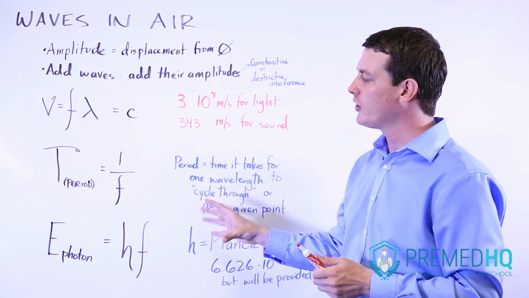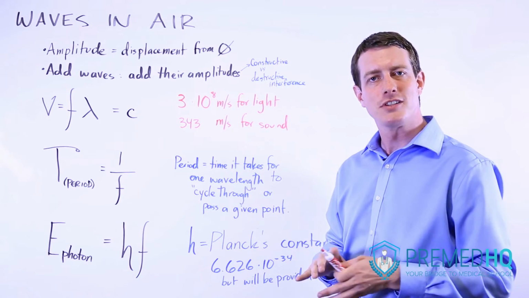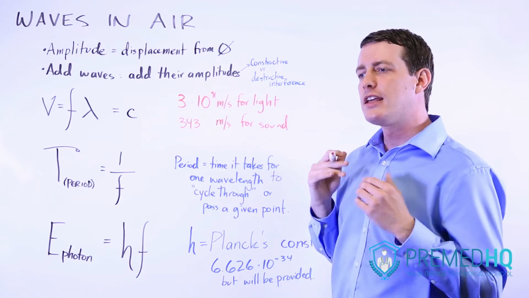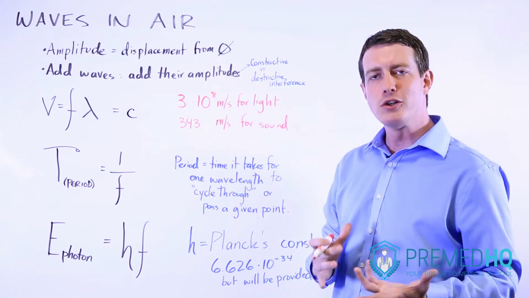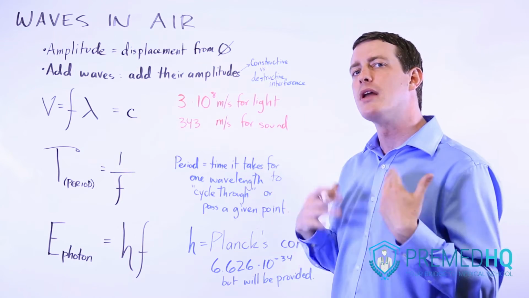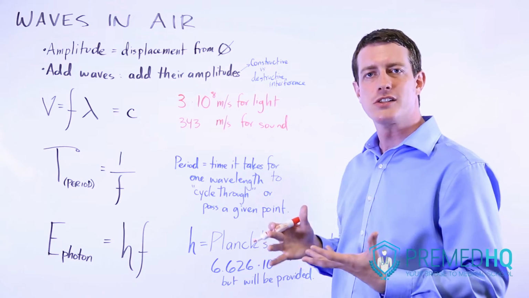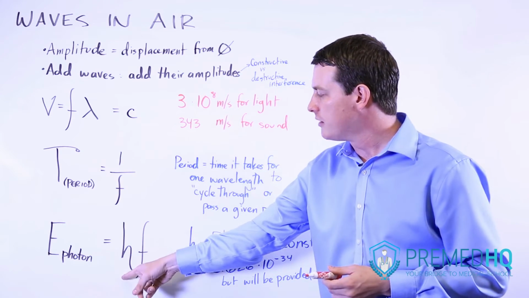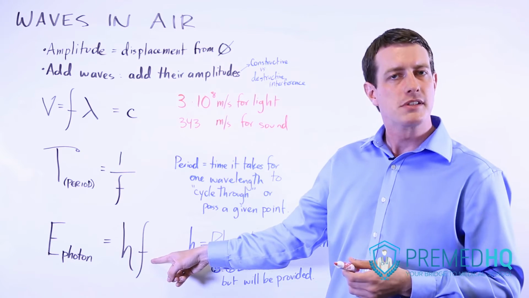And one thing that's very important because of the dual nature of light, remember, light behaves like a wave, but it can carry energy like a particle. That is the dual nature of light, that it exists as a waveform but also can carry energy as though it were matter. The energy carried by a photon is equal to Planck's constant times frequency.